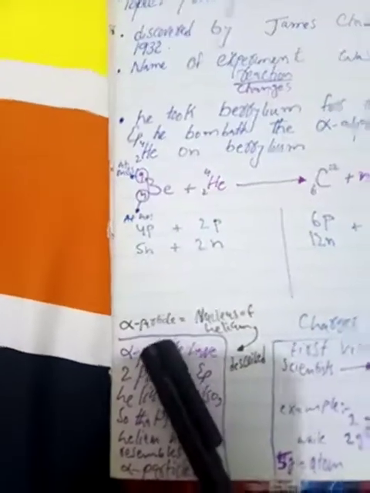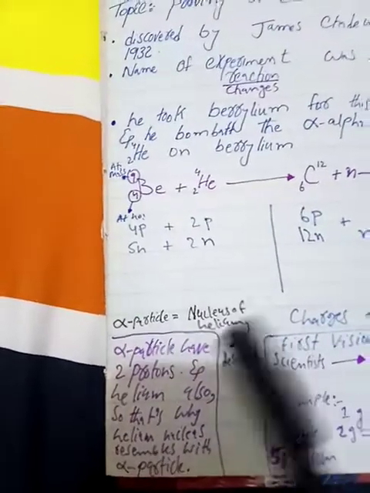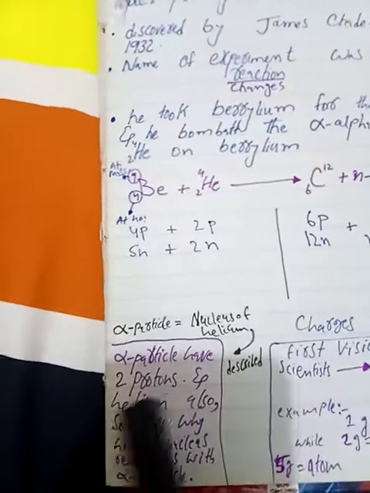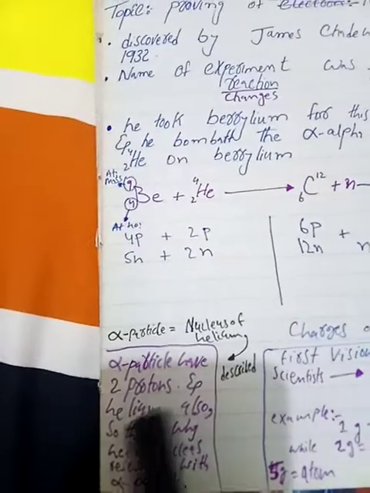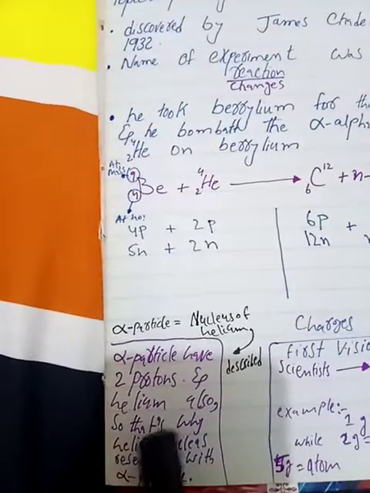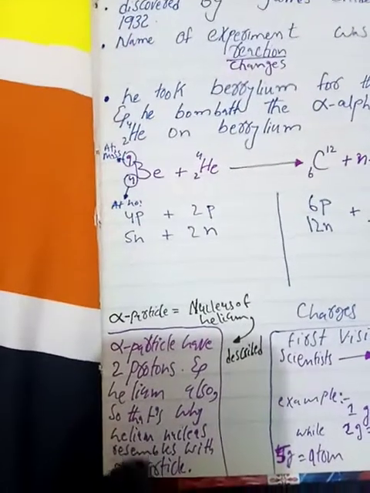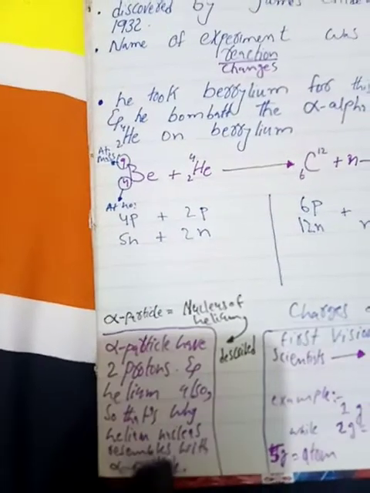Here the alpha particle is equal to the nucleus of helium. Alpha particles have two protons, and helium also has two protons, so the helium nucleus resembles the alpha particle.